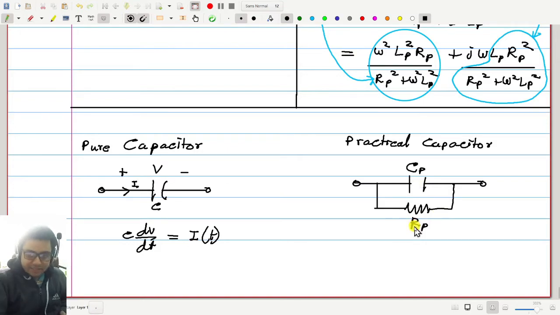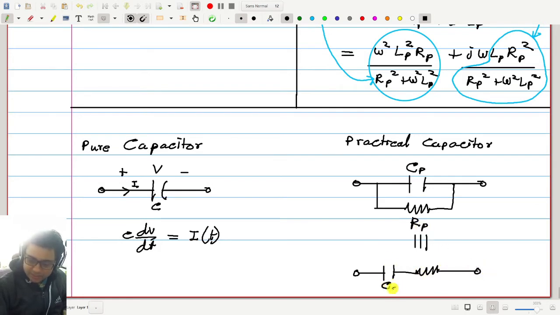But once again, just like the inductor, it is not necessary to always model a practical capacitor as a parallel combination of C and R. We can always find an equivalent model that is a series combination of some capacitance CS and RS, such that from outside they will behave in the same way. To the outside world they will behave in the same way.